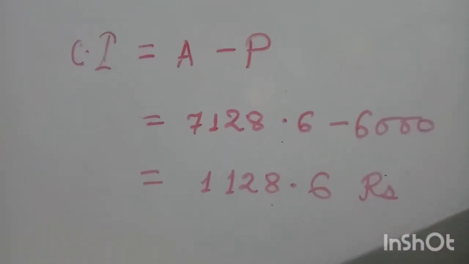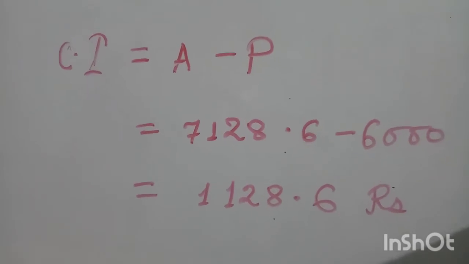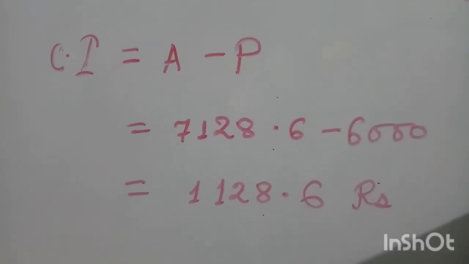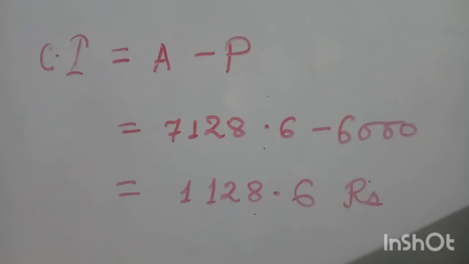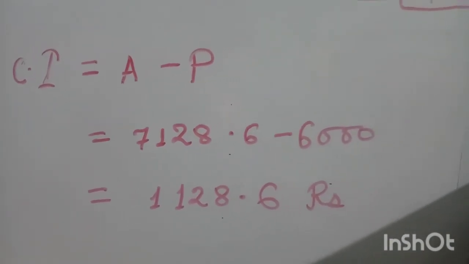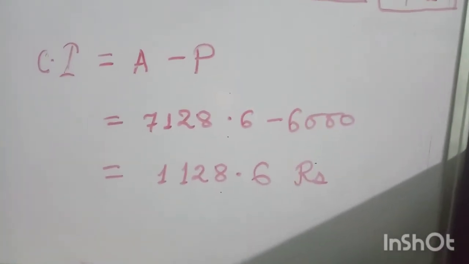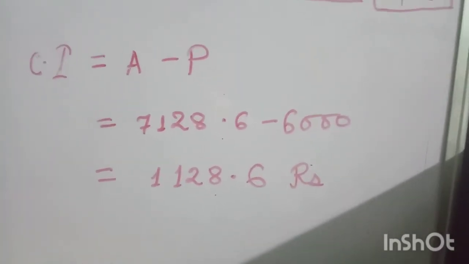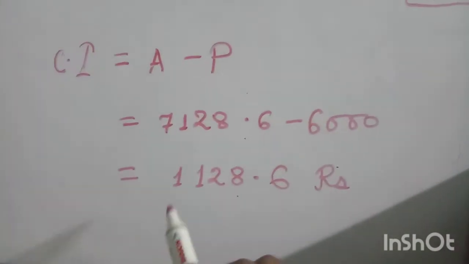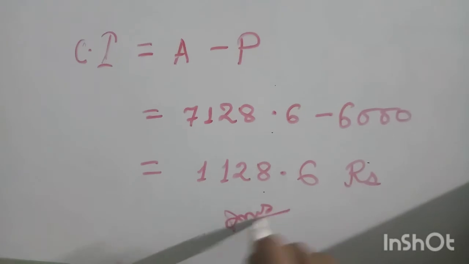In the formula, compound interest is equal to A minus P, and A was 7128.6, P is 6000. So 7128.6 minus 6000 is equal to 1128.6 rupees. So this is our compound interest that we are looking for. Okay, this is the answer.